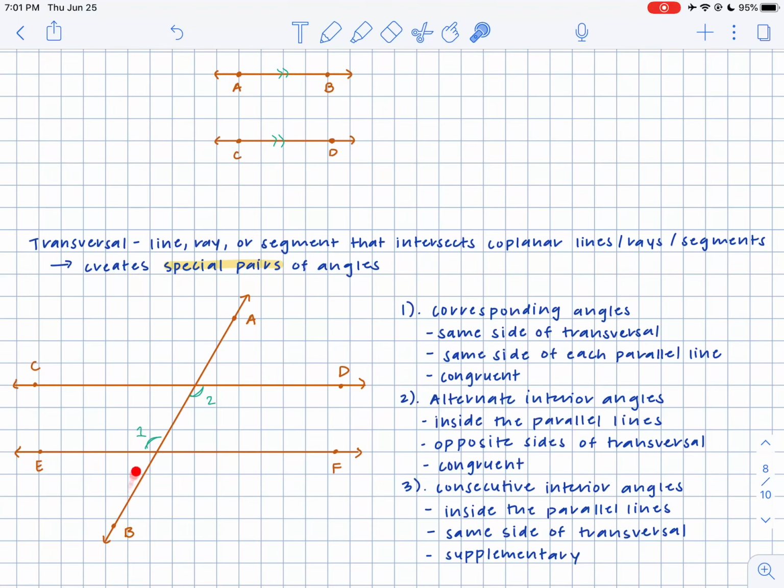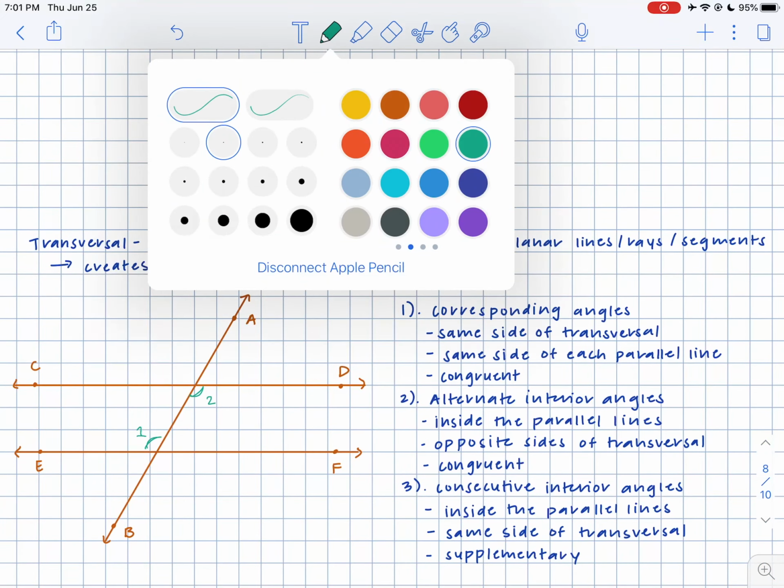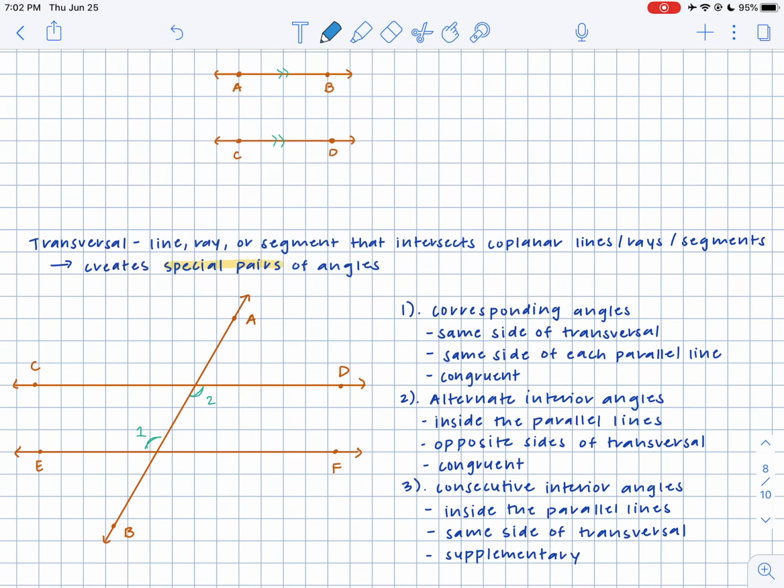So this angle here is on the right side of the transversal, and this one is on the left side of the transversal. And what is the significance? Again, they are congruent. Okay, so those two are congruent and they are a pair of alternate interior angles. And these two are congruent because they are a pair of alternate interior angles, okay?